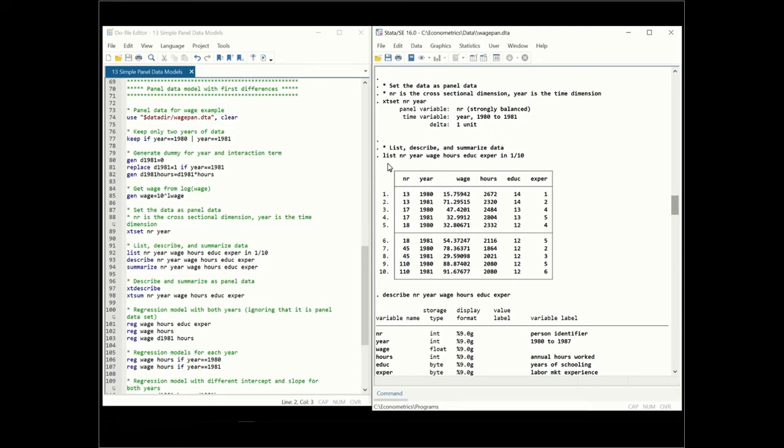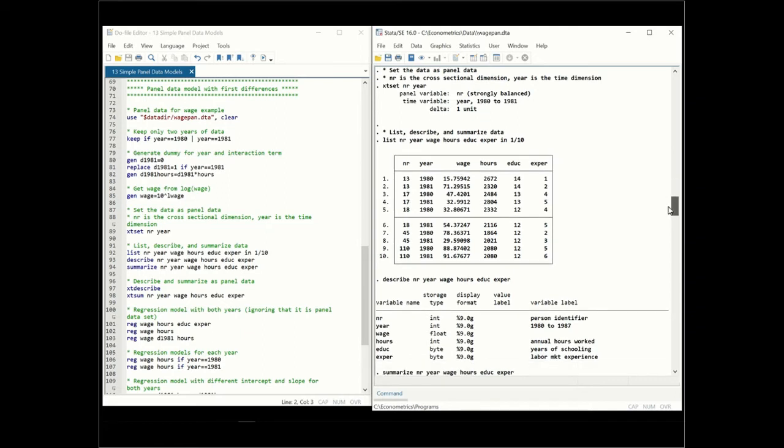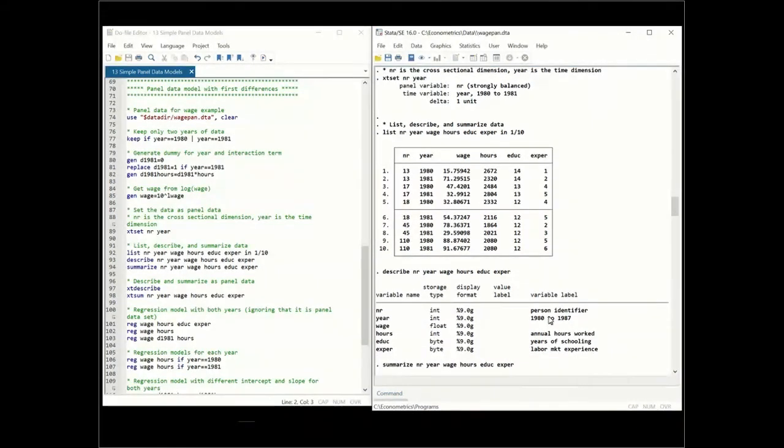So if we list the different variables, here we have NR, that's the person ID, then the year. Then we have wage, hours, education, and experience. That's how the data set looks. And these are some of the descriptive statistics for each of the variables. So notice that now, again, we have 2 years of data for each person.